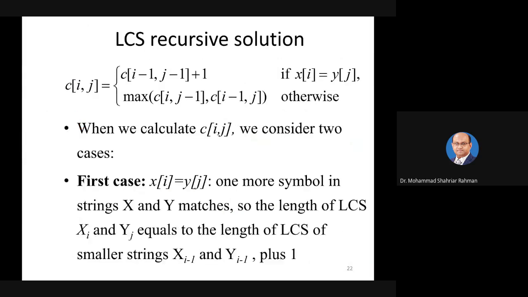So first case is one more symbol in the strings X and Y matches. One more symbol in the X and Y matches. Then the length of LCS equals to the length of LCS of the smallest string plus 1. আমার এর আগ পর্যন্ত যা পেয়েছিলাম plus 1.